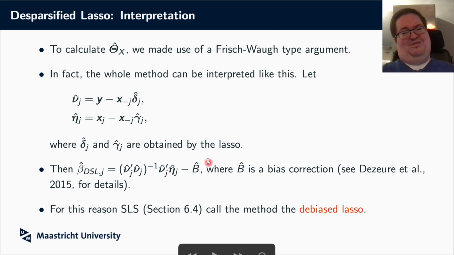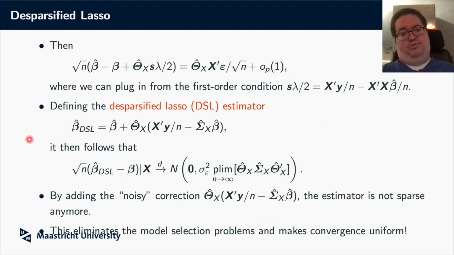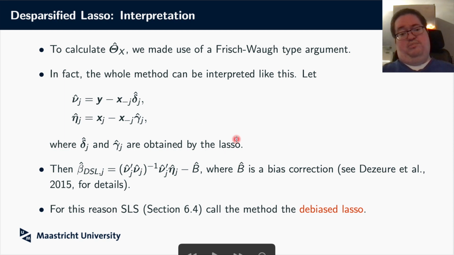And because we do that, we also call the Desparsified Lasso the debiased lasso. So we can interpret this thing that we add here as a bias correction, which is why, for instance in the book ISLS, this method is called the debiased lasso.